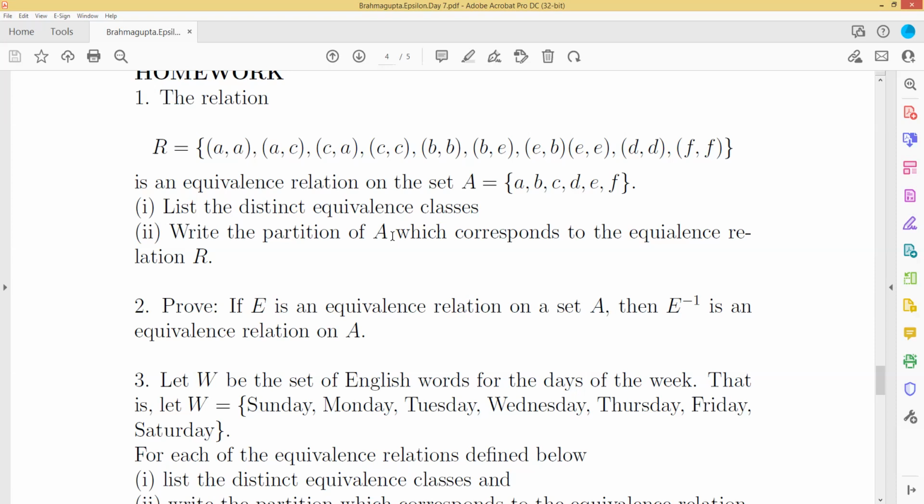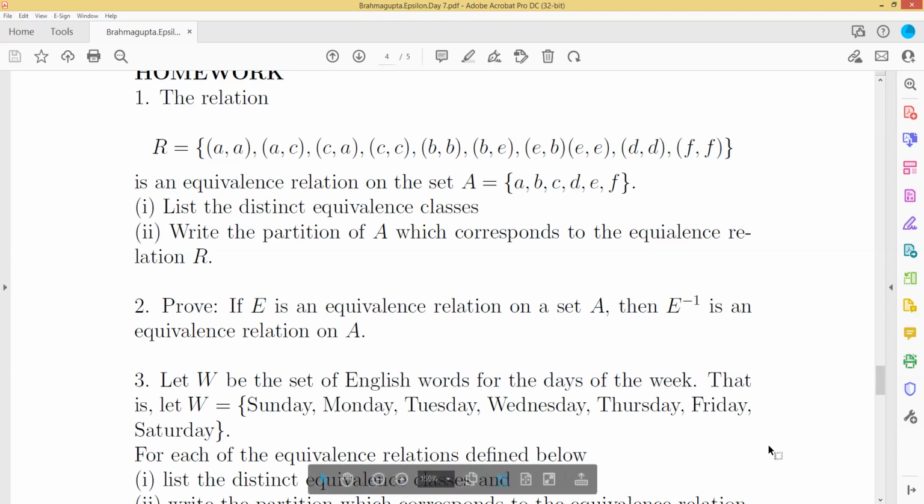What did you get as the distinct equivalence classes of this relation? It is an equivalence relation, so you don't have to verify it. It's given to you. Siddharth, Jayaditya, and Raghav. Who else?